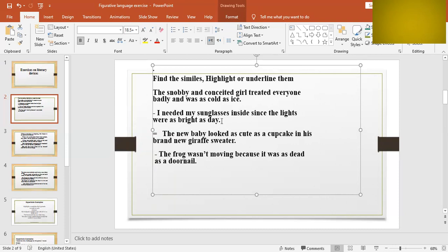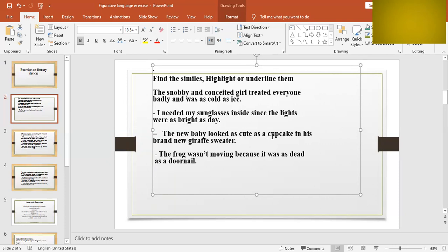The light was as strong. The light at night inside the building was as strong as day. Day is the strongest light. When the sun shines during the day, it is the strongest light. The new baby looked as cute as a cupcake. How nice, cupcake.